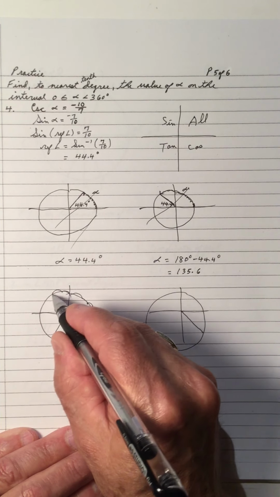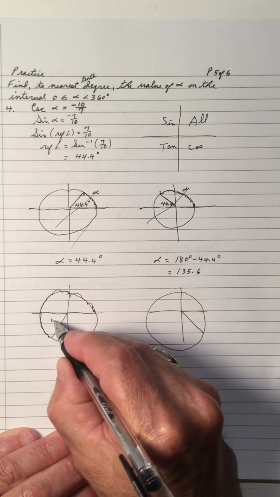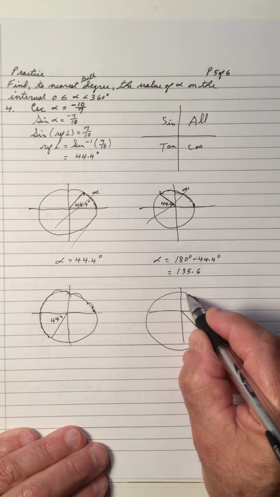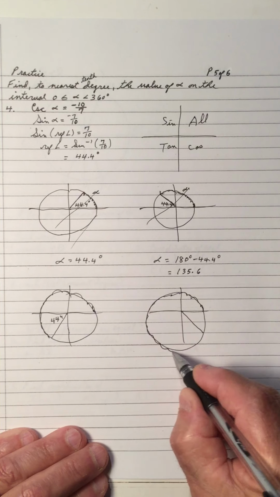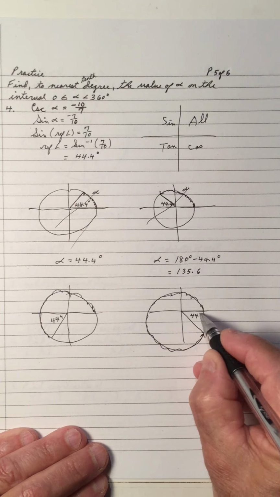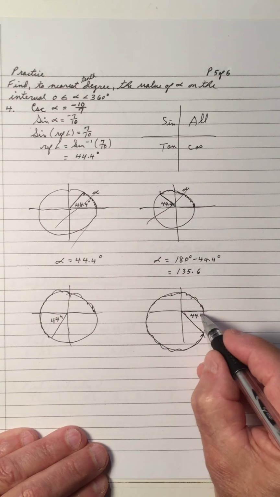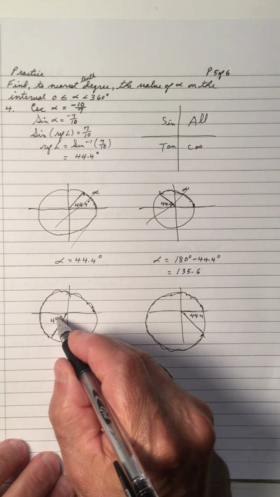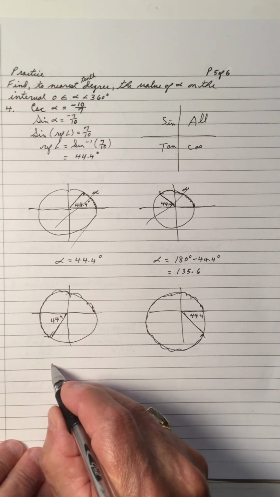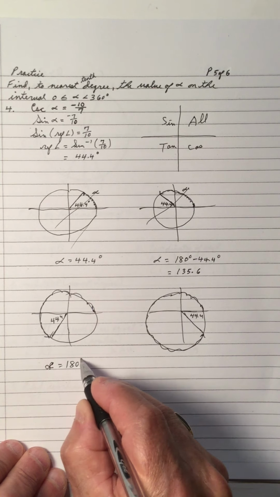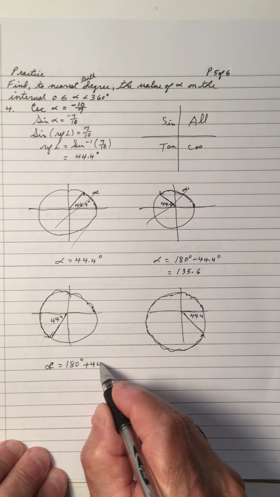So alpha is this rotation with the reference angle. And alpha is this rotation. So the reference angle is between the terminal arm and the x-axis right here. Between the terminal arm and the x-axis. So in this quadrant, you have alpha is 180 plus 44.4.